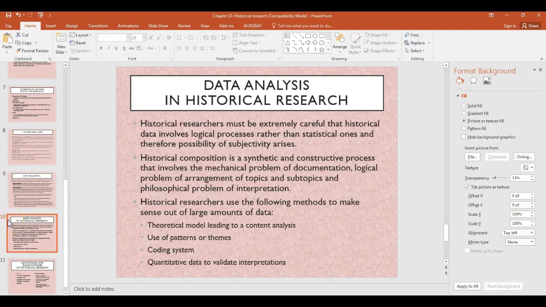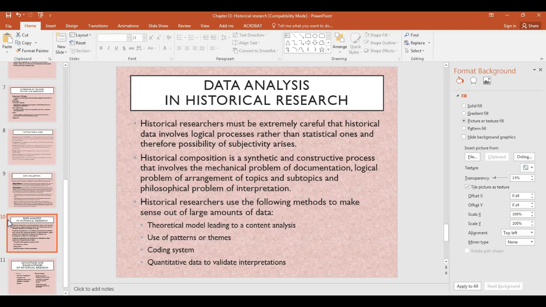Data analysis in qualitative research works the same way. You read through the data and reread it, which is important in qualitative research. Then you start to code first, the repeated themes.